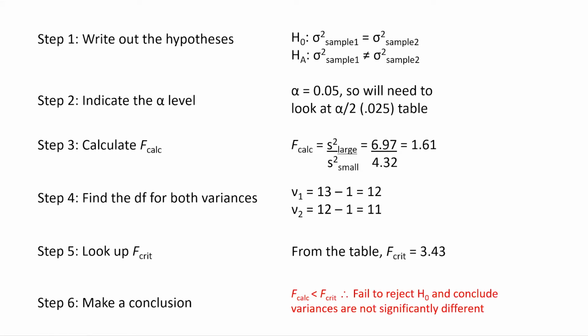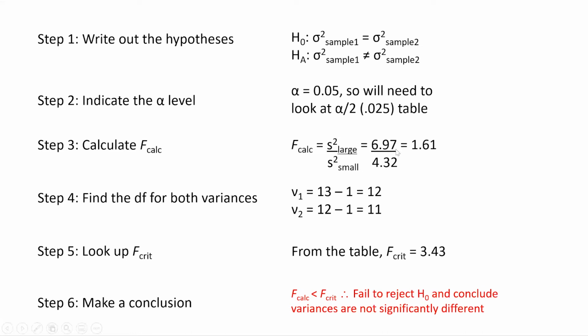Our F-calc is less than our F-crit, therefore, that's what these 3 dots mean. It's a really common notation in math, and I use it a lot just because it really shortens things down. But it means therefore. So F-calc is less than F-crit, therefore we fail to reject the null hypothesis and conclude the variances are not significantly different from each other.